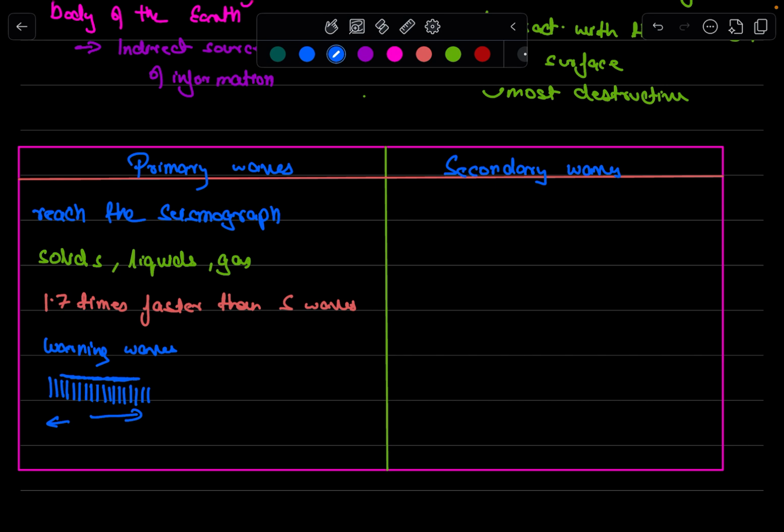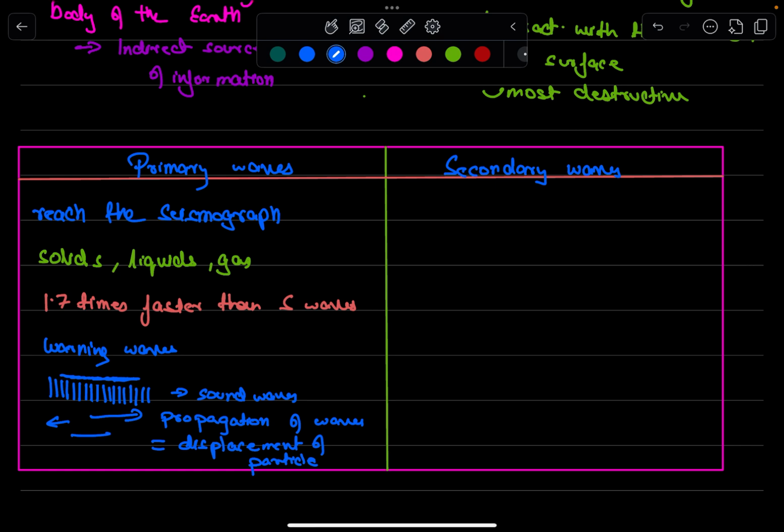So if we talk about P waves, they travel just like sound waves, in which the propagation of waves tries to match the displacement of the particle. Okay. Who will tell me in the comment section what these kind of waves are called? Okay. So this is primary waves. Secondary waves are secondary because they are the second to reach the seismograph.